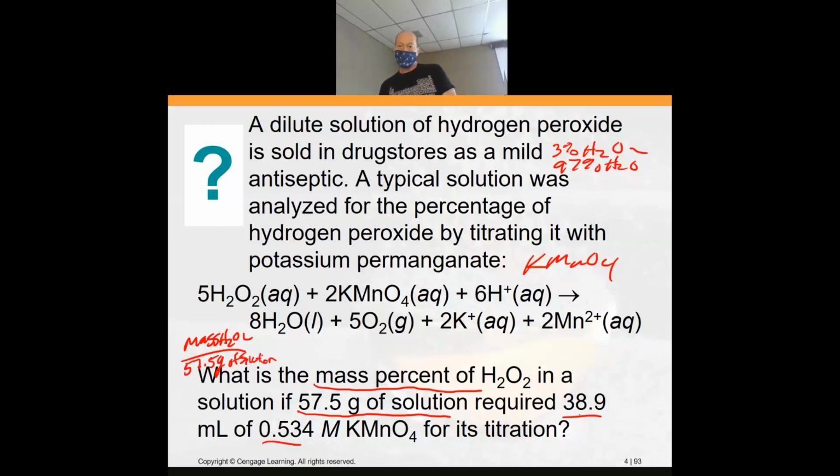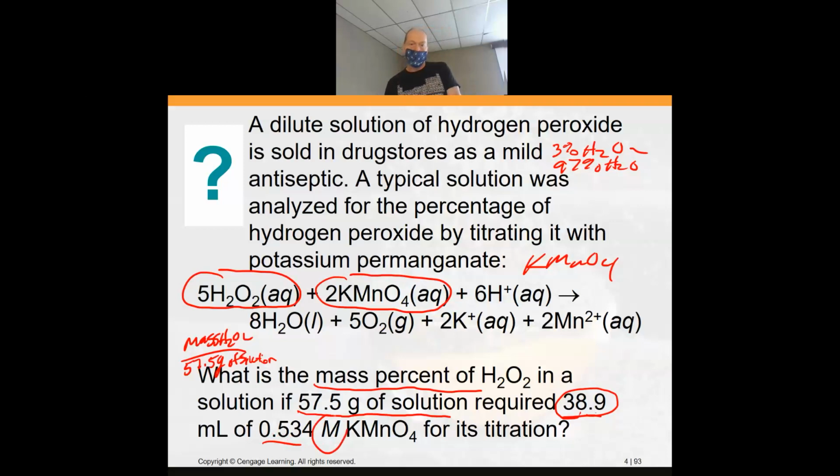We get this information from this balanced chemical reaction, which has hydrogen peroxide right here and potassium permanganate right here, and we're going to do a titration. Of course the water is not reacting at all, only the H2O2 is reacting with this, and it required 38.9 mL of 0.534 molar KMnO4.